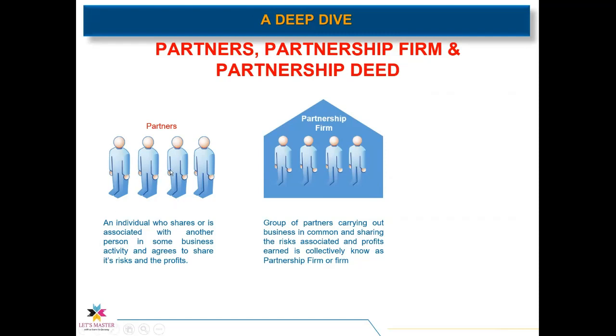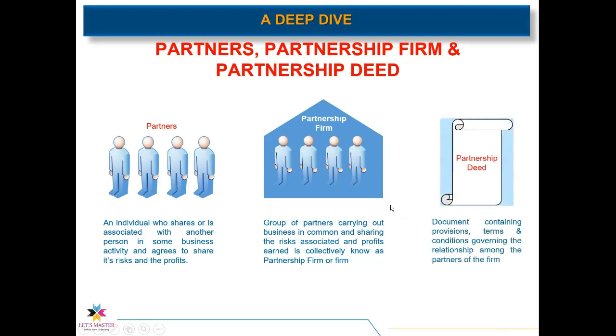So when we talk about individuals, then they are called partners. And when we collectively refer to a group of partners who are carrying out business in common, then it is known as partnership firm.